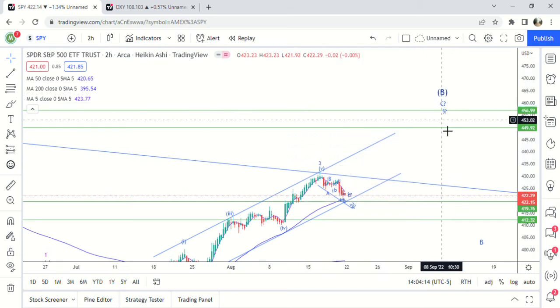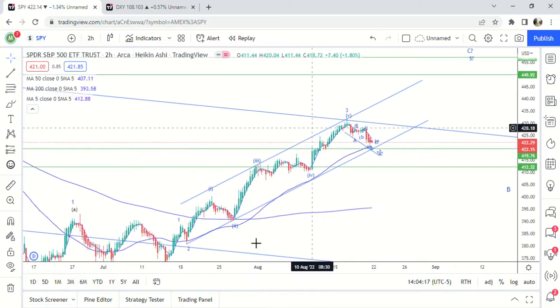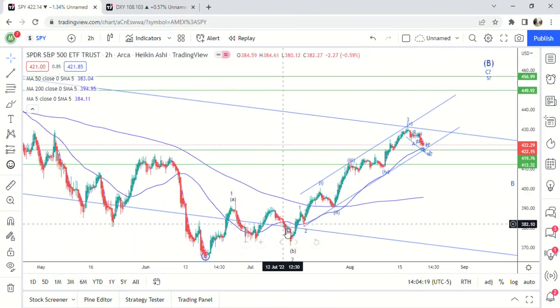So somewhere between 450 and 456, that'd be an extended C wave.